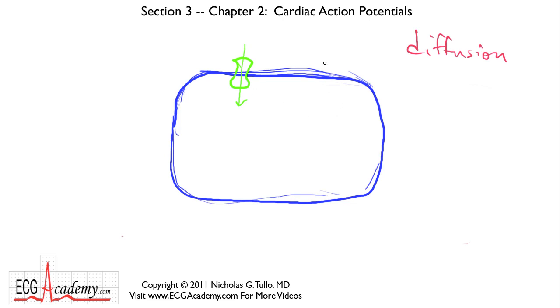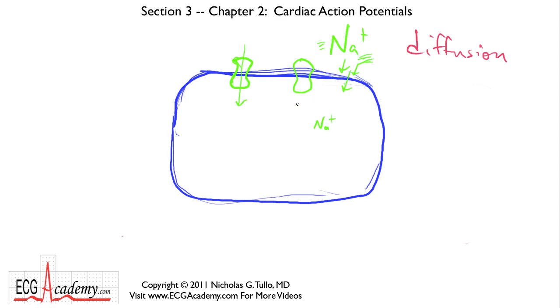Now, remember I told you that there's lots and lots of sodium outside, but just a little bit of sodium inside. You would think that this high concentration of sodium would apply tremendous force and push the sodium through the membrane until the concentration is equalized. And there's some of that going on, but the cell has special proteins that actually pump sodium against this concentration gradient, as we call it, with the high concentration outside and the low on the inside.